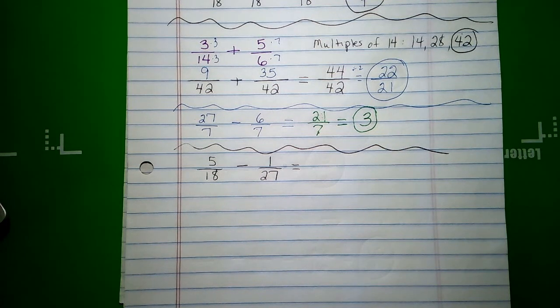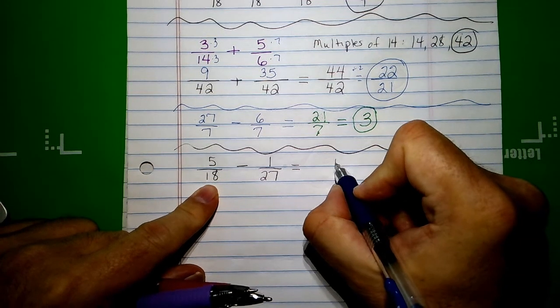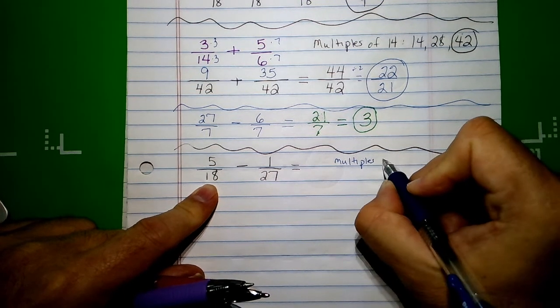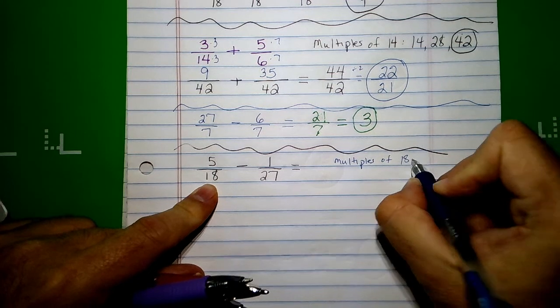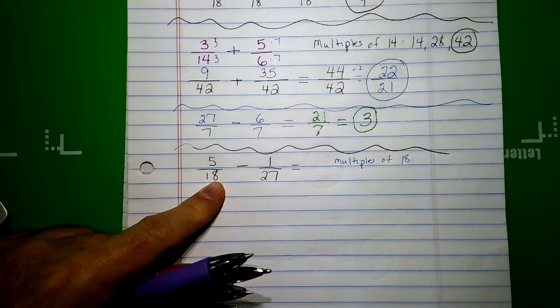You might not recognize the common denominator right off. So let's just start off with multiples. By multiples, I mean I'm doing multiples of 18. And here you might have a little calculator helping you with this if necessary.